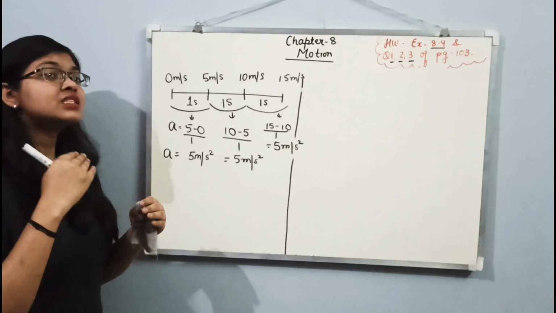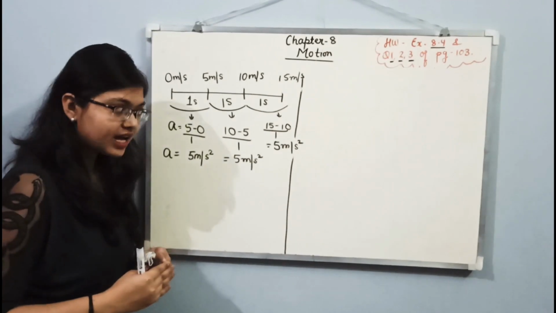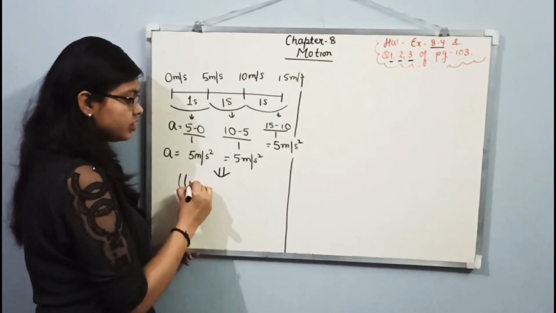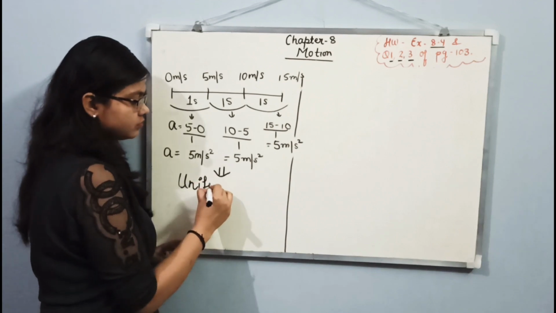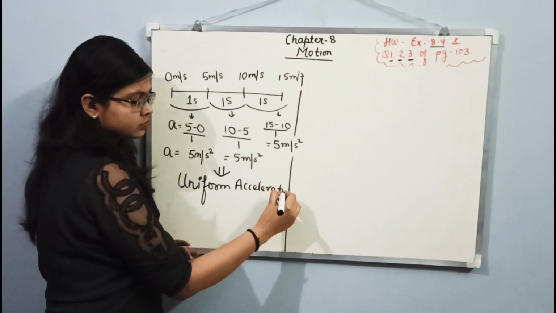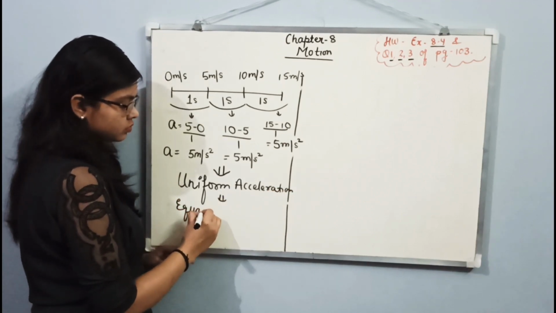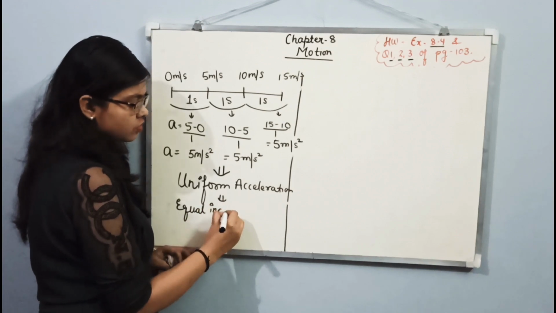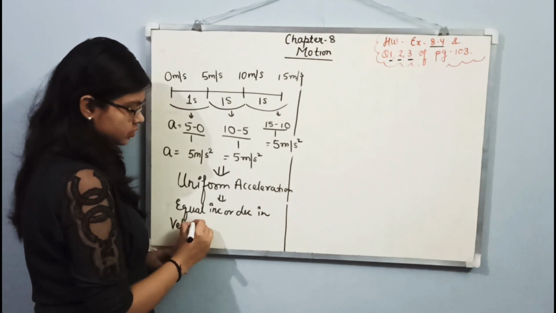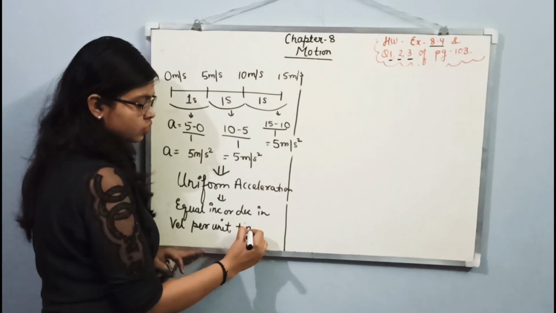So whenever there is equal increase in the velocity with respect to time, such type of acceleration is known as uniform acceleration. It means equal increase or decrease in velocity per unit time.